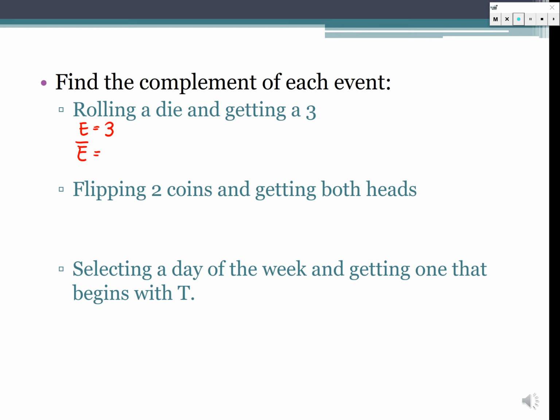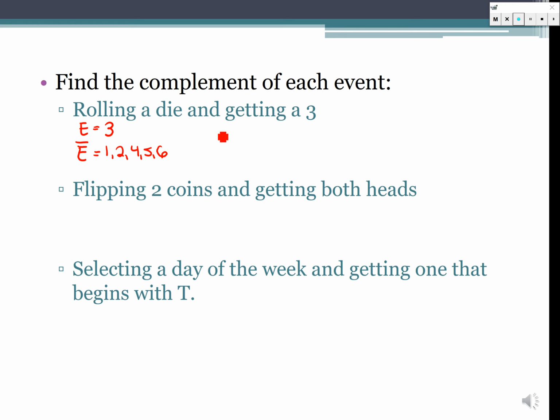The complement would be everything that's not a 3. So the complement would be 1, 2, 4, 5, and 6. It's all of the other possible outcomes. So if my event is rolling a 3, the complement is every other possible outcome, so every number except 3.